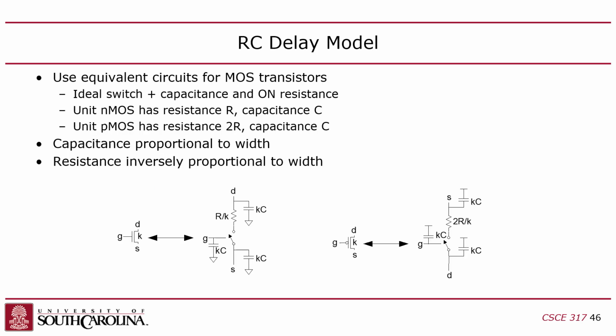Okay. So, why do we care about all these capacitances? Well, I mentioned this before, but the delay of a CMOS circuit depends on the resistance and capacitance that's seen when you switch.